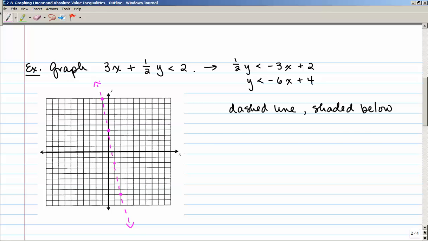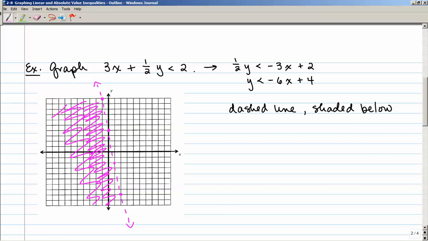And my shading is going to be where the y-axis is below this line. So this line is pretty close to vertical, so it's going to be a little hard to see, but where it's actually below is down here, where the y-axis is underneath the line. So everything on this side of the line is going to be shaded.